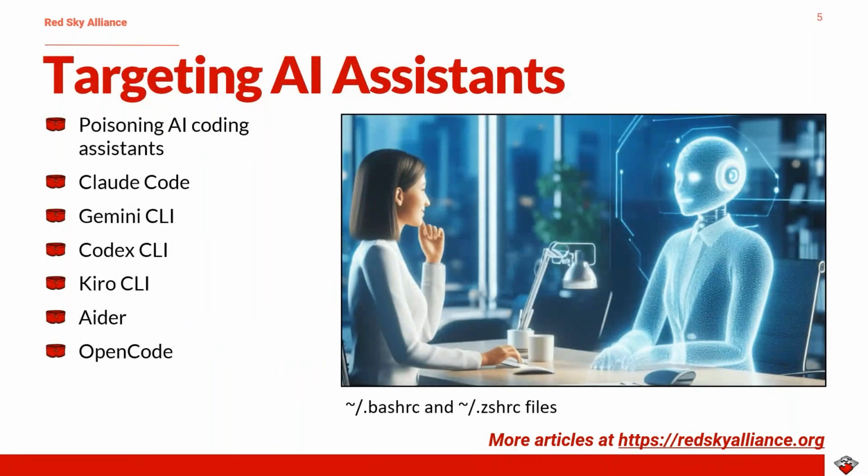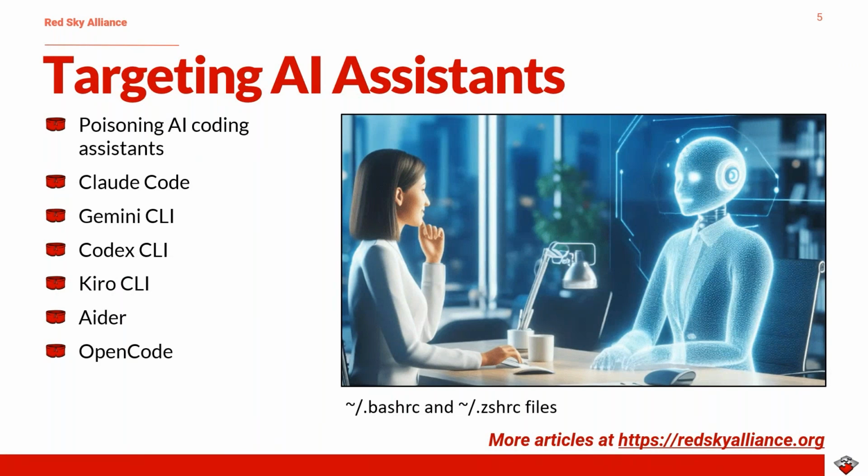When targeting AI assistants, this malware is also designed to poison AI coding assistants. It scans the system for six specific tools: Claude Code, Gemini CLI, Codex CLI, Kiro CLI, Aider, and Open Code.